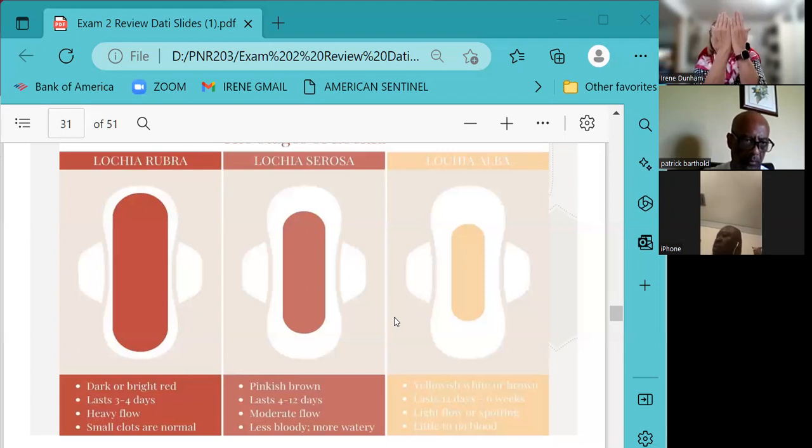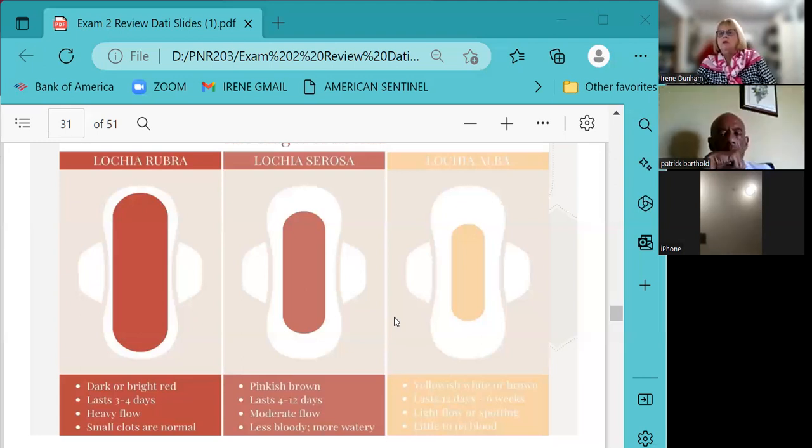So we want to make sure that when we look at the episiotomy, the sutures are well approximated. And you know, guys, it's in med-surg too. When you look at a wound and you have a fresh post-op, you want to make sure that your sutures are well approximated. Okay, so that's your assessment of an episiotomy.